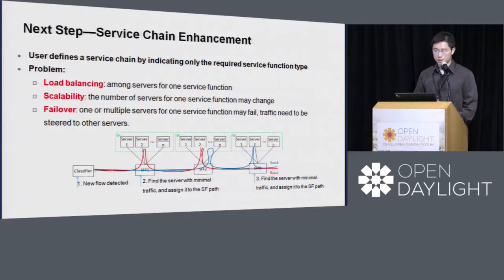Okay. Another area that is in need of thought and research is service chain enhancement. The application, or let's say the administrator, places demands on the network service function without specific indications of things like load balancing, scalability, and failover. So this is something that is currently left up to the Nemo engine to provision and provide.